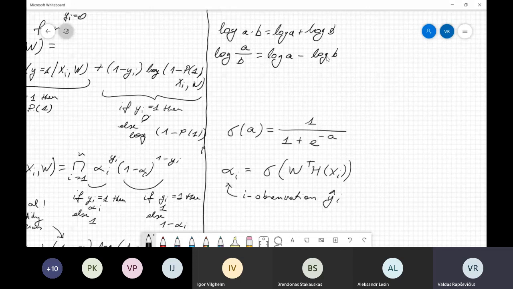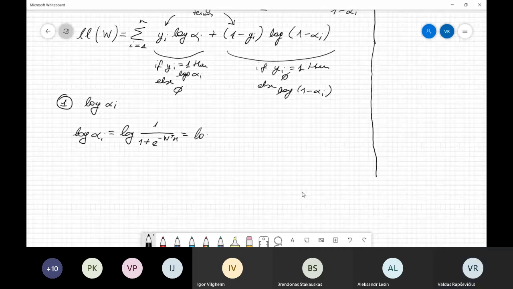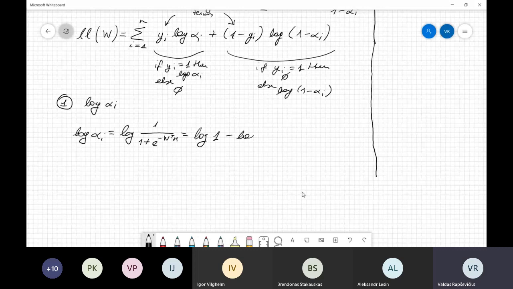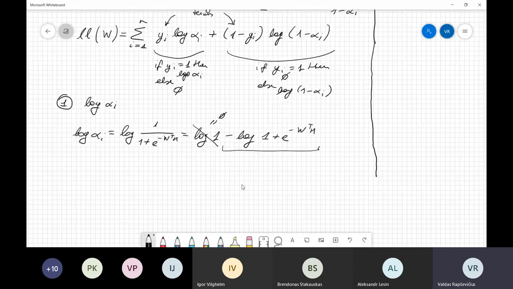We can apply this rule: the logarithm of A divided by B equals logarithm A minus logarithm B. So this is the logarithm of 1 minus the logarithm of 1 plus e to the minus W transpose h. The logarithm of 1 equals 0, so that term goes away, and we have this expression left, which is simpler than what we had before.